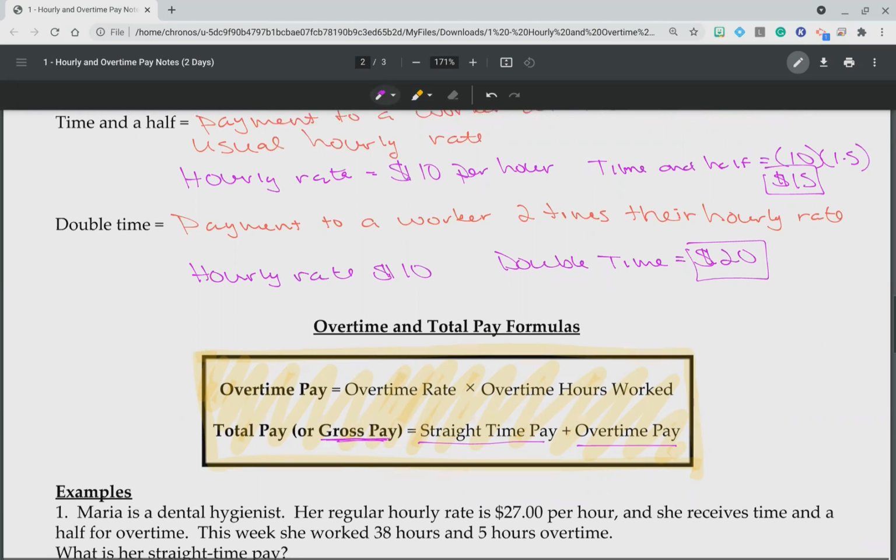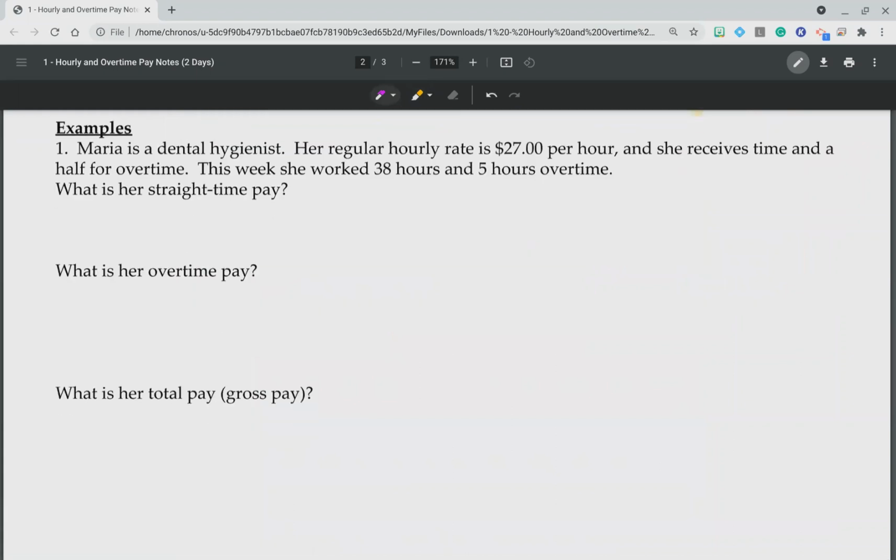All right, so let's try an example of this. It says Maria is a dental hygienist. Her regular hourly rate is $27 per hour. She receives time and a half overtime. This week, she worked 38 hours and 5 hours overtime. So first, we're going to figure out her straight pay.